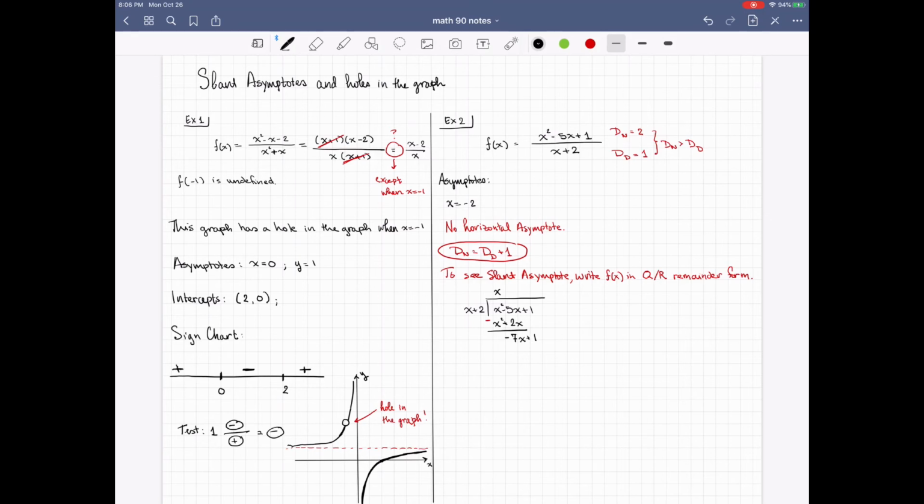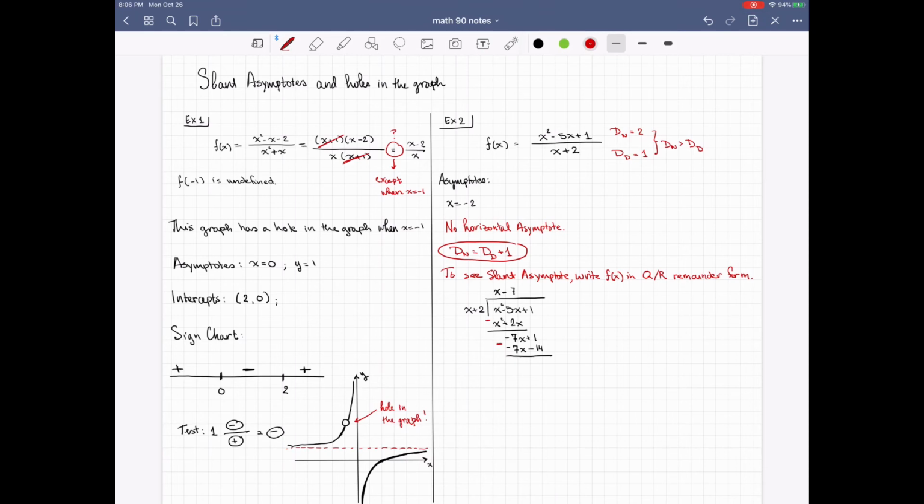Okay. So now same thing, looking at the first two terms, x and negative 7x. x would need to be multiplied by negative 7. So we have negative 7x minus 14. Once again, don't forget, we are subtracting, okay?